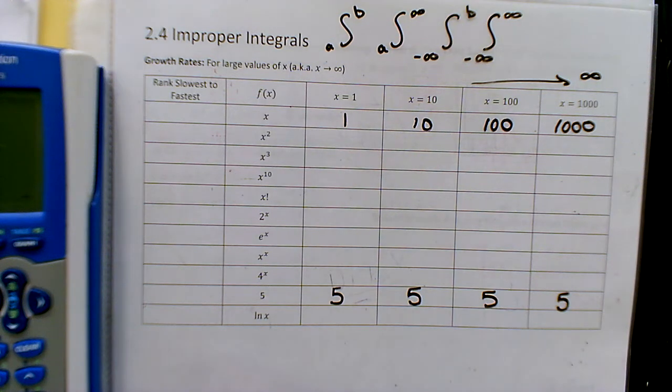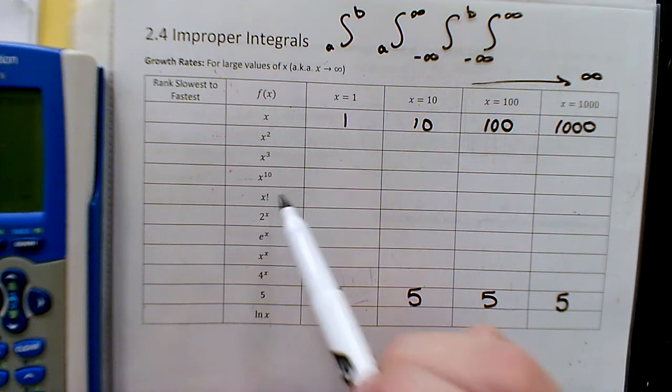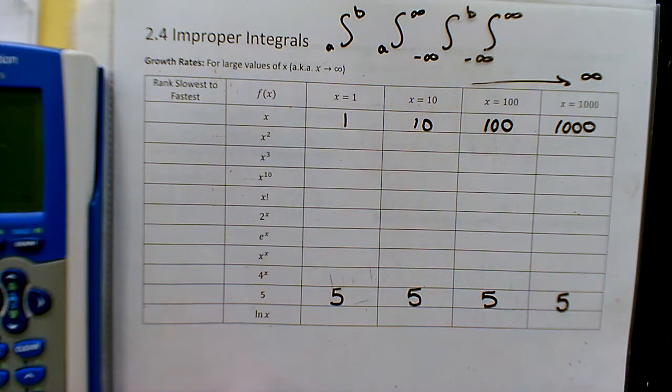So what I want you guys to do is take the time to fill out that chart with your calculator, either doing one thing at a time or maybe utilizing some different characteristics of your calculator, like the table function or things like that. We might have to be able to type in this guy, x exclamation point.